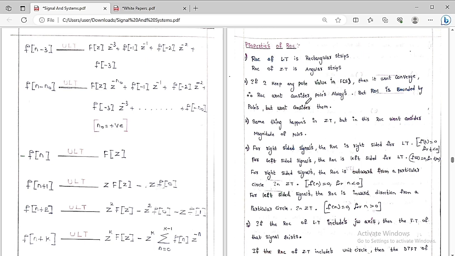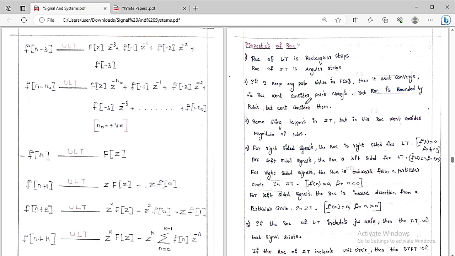So ROC won't include the poles, but ROC is bounded by the poles. What is the meaning of this? Suppose you take the F of s equation, it has a numerator and a denominator. Numerator roots are called zeros and denominator roots are called poles. If you substitute these pole roots in F of s, then the denominator is 0 and the numerator is not equal to 0.